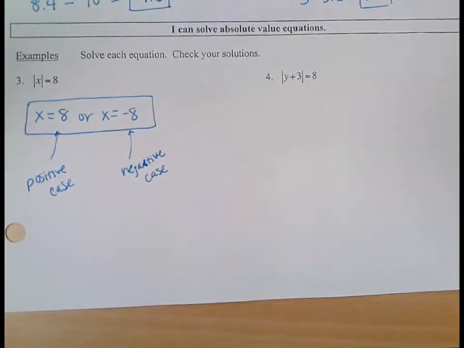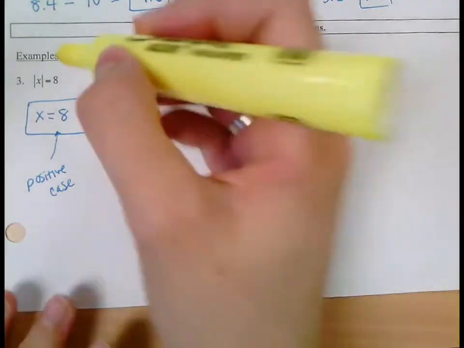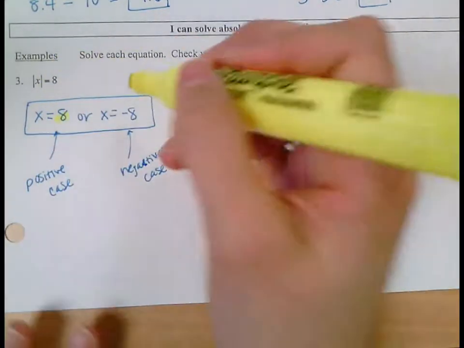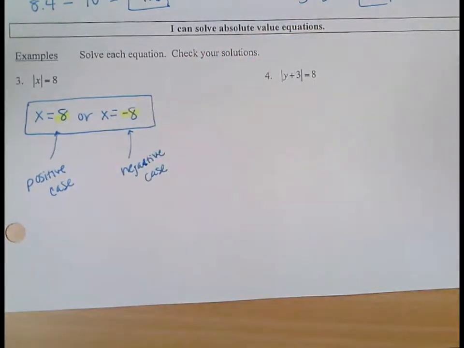And all that means is you're taking whatever is inside of the absolute value bars, in this case it was just x, and you're setting it equal to the positive of the right side or the negative of the right side, and then solving. In this case it was just x, so there wasn't any additional solving we needed to do. So if we look at example 4, the absolute value of y plus 3 equals 8.